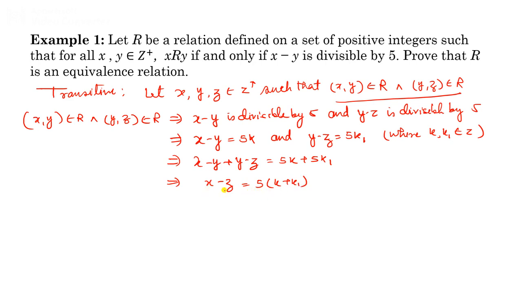It means x minus z is divisible by 5. It means (x, z) belongs to R. Therefore R is transitive.